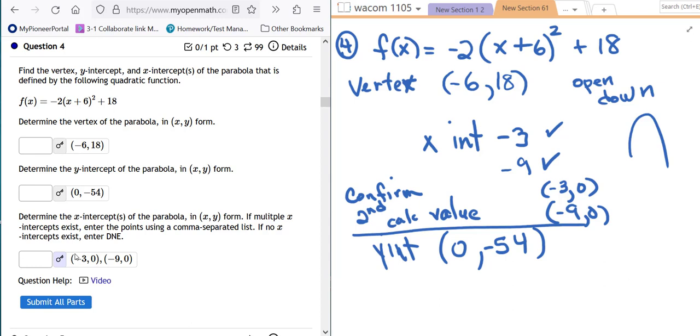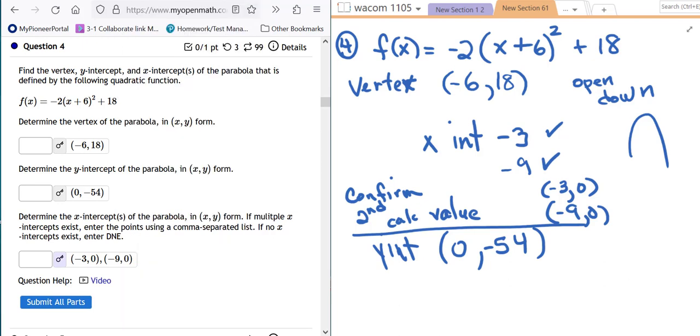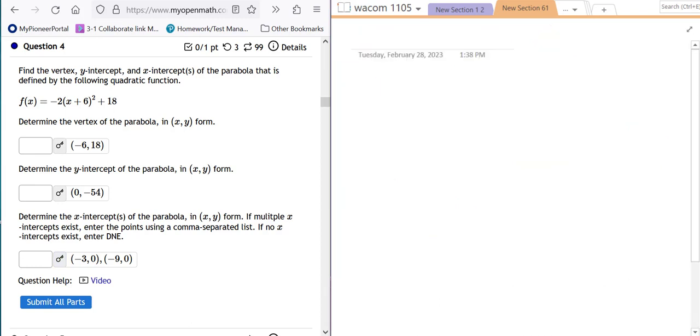And I didn't bother changing your window. You could have to see the vertex, but we were able to pick it off, so there's no reason to. And also the y-intercept we could find without actually seeing it on the graph.